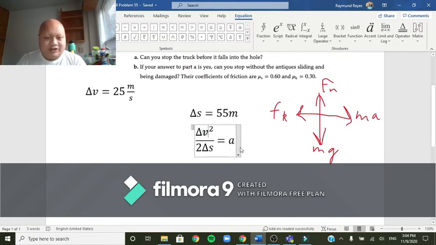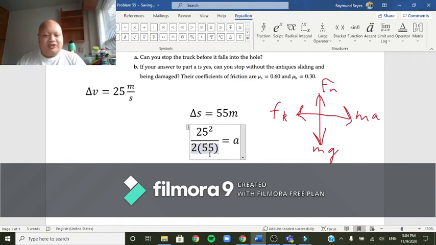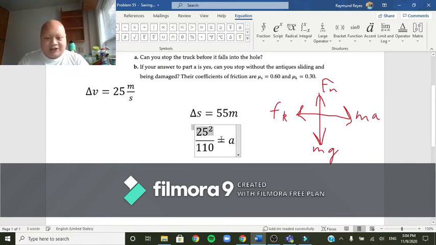So we can't calculate mass anyways, but we can calculate acceleration. We already have our acceleration function, and that is just 25 squared, since the velocity is 25 meters per second, and then delta s would just be 55 meters, since that's what's given. Now if you calculate this, that will be your answer for the acceleration.